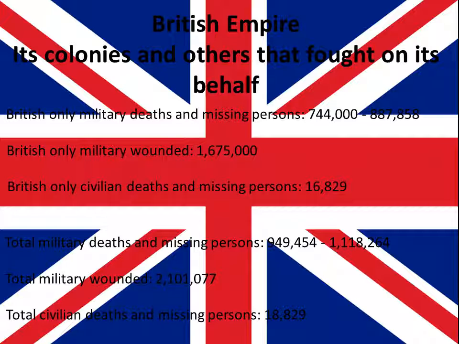British only civilian deaths and missing persons are numbered at 16,829. The British Empire as a whole has casualties numbering for deaths and missing persons at 949,454 to 1,118,264.